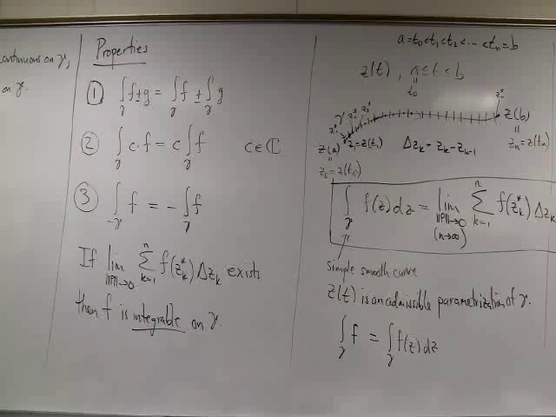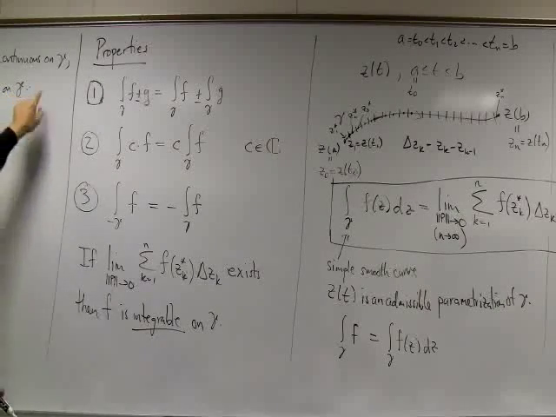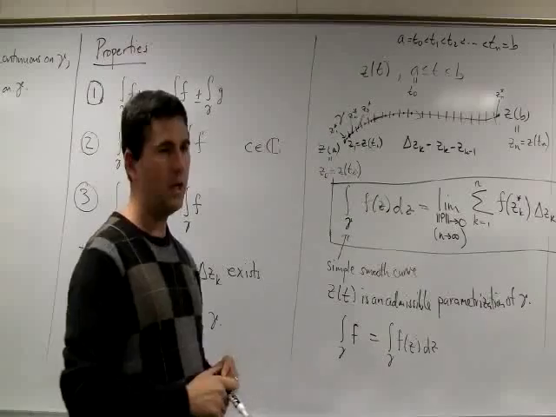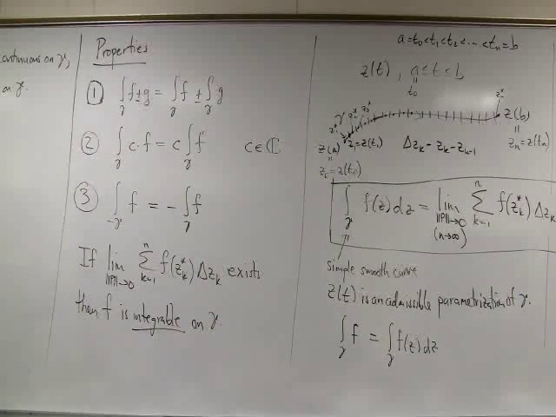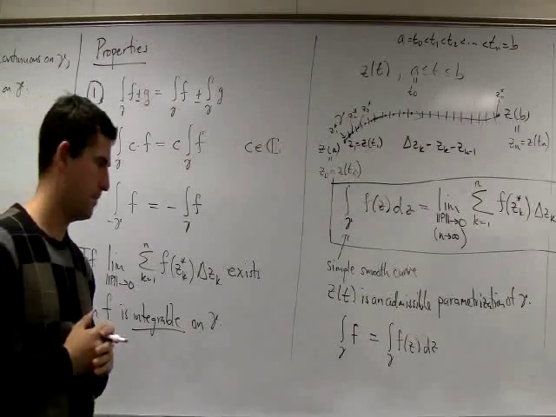But in calculus, when you had the Riemann integral, you knew that if you had a continuous function, you could integrate it. You don't need continuity. There are weaker conditions under which a function will be integrable, but they become more difficult to write down and to pin down. So continuity is good enough for us.